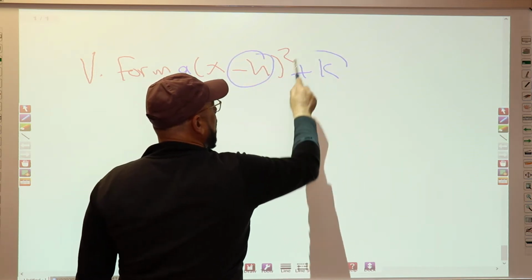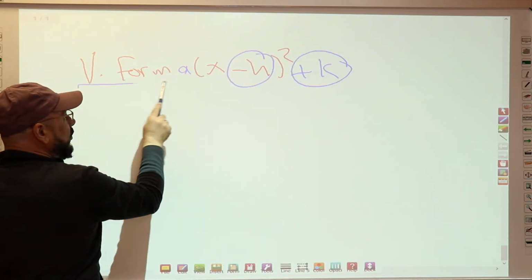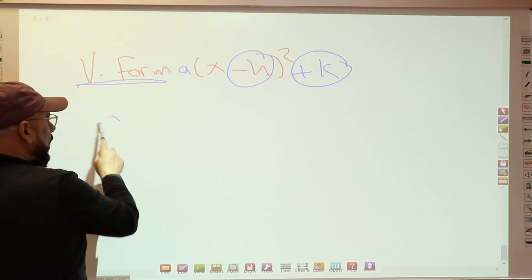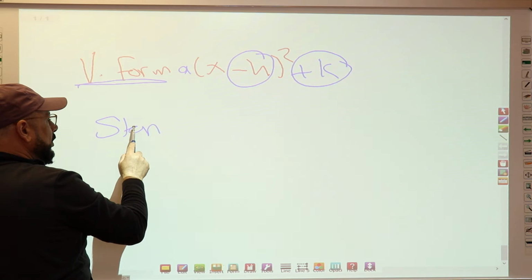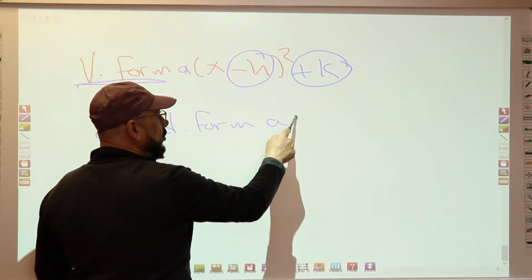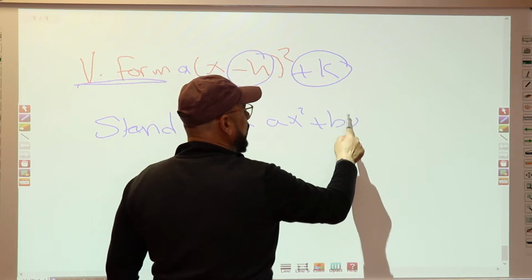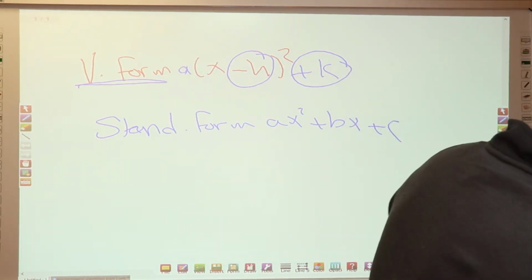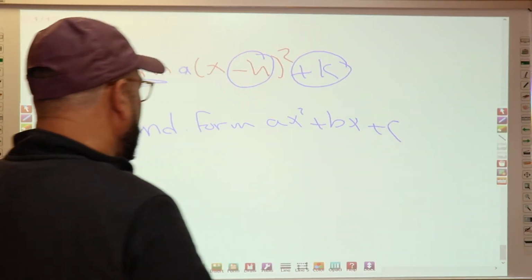And h and k is my vertex. This we call vertex form. Maximum, minimum, right? And what's the other form? Standard form, which is ax squared plus bx plus c. Okay?